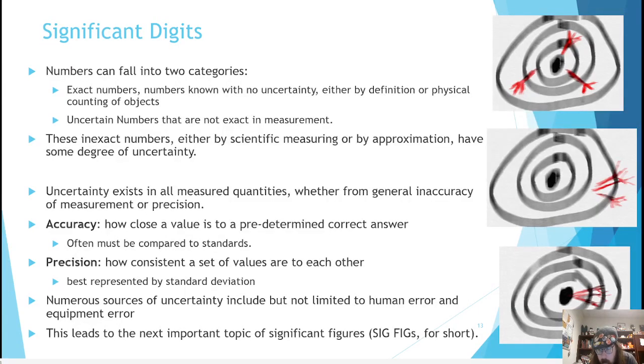Now, the other major thing we need to consider is significant digits or significant figures. The thing we talked about previously when it comes to hypotheses and theories is science tries to be as exact as possible, but there's a lot of things we do not know.